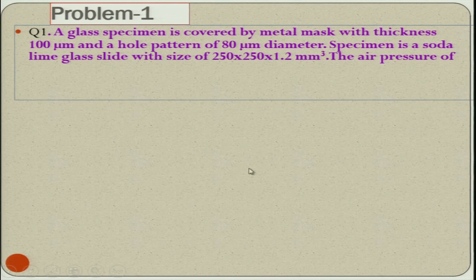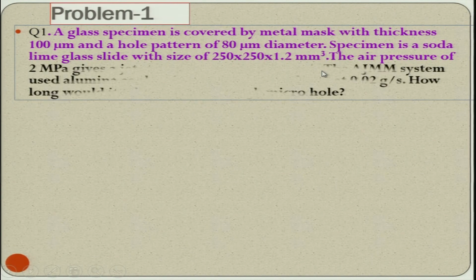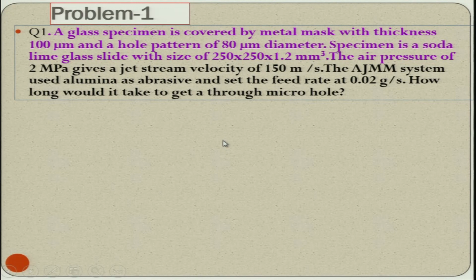A glass specimen is covered by a metal mask with a thickness of 100 micrometer and a hole pattern of 80 micrometer diameter. The specimen is a soda lime glass slide with a size of 250 x 250 x 1.2 millimeter cube. The air pressure of 2 megapascal gives a jet stream velocity of 150 meter per second.